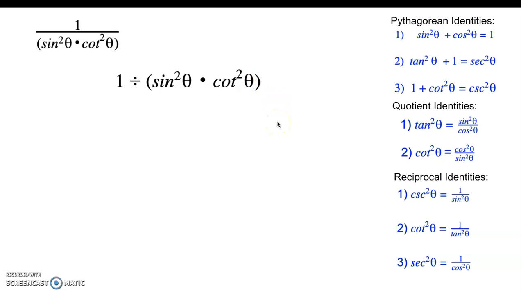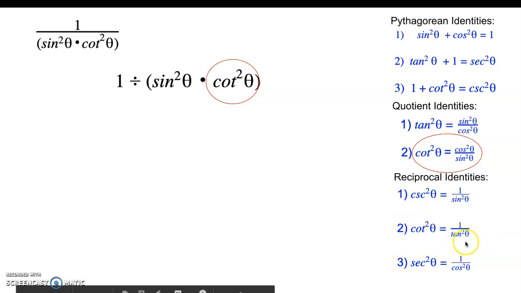For that, we can look under our quotient identities, where cotangent squared theta equals cos squared theta divided by sine squared theta. We can also look at our reciprocal identities and use cotangent squared theta is equivalent to 1 divided by tan squared theta, but then we would have to further simplify tan squared theta, and that would be a little bit more work.